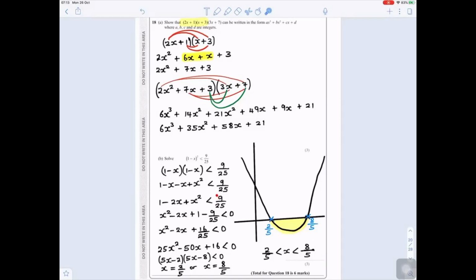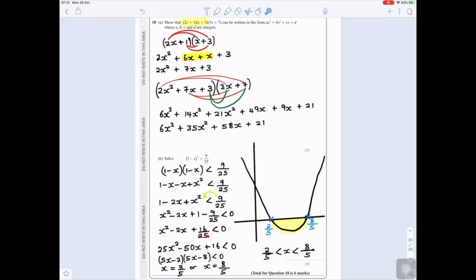We can take 9 over 25 to the left side, and that becomes x squared minus 2x plus 1 minus 9 over 25. It gives us 16 over 25, is less than 0.